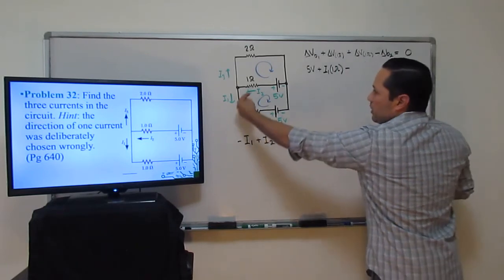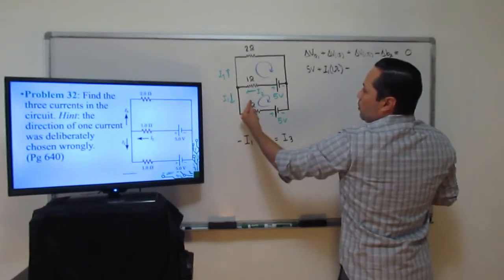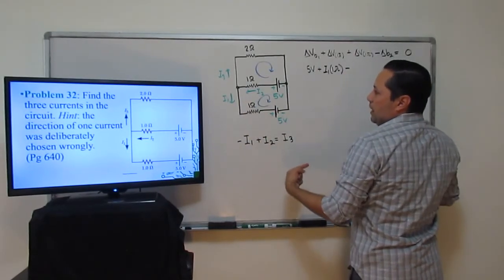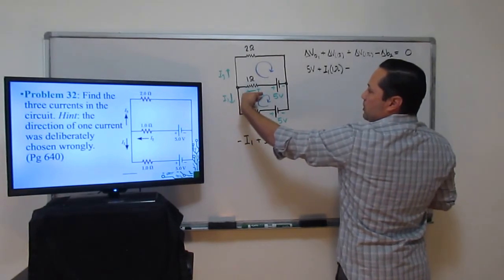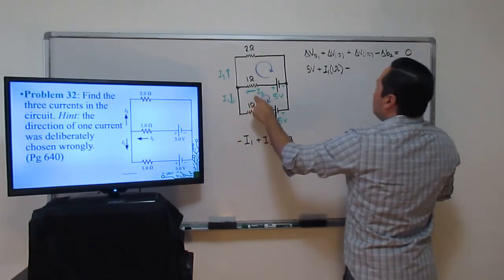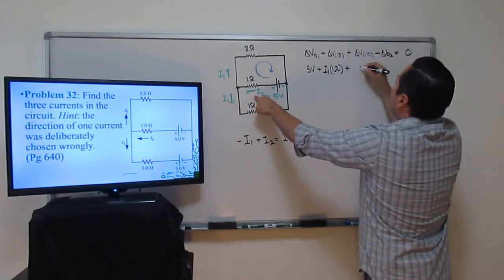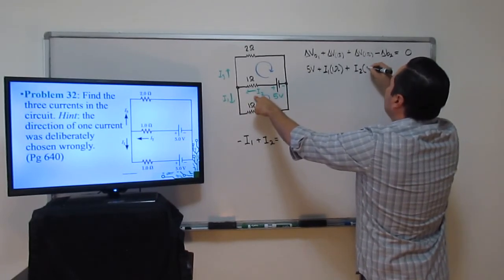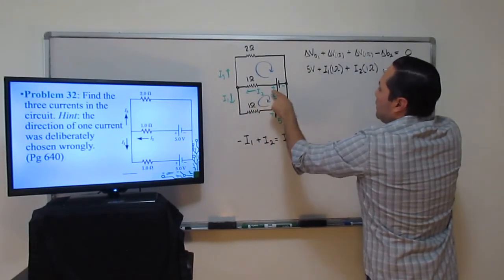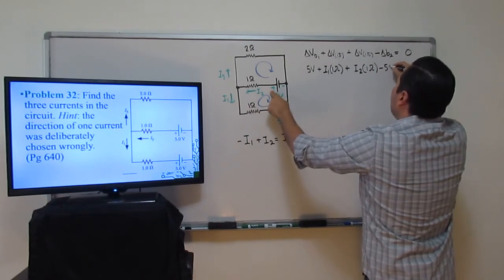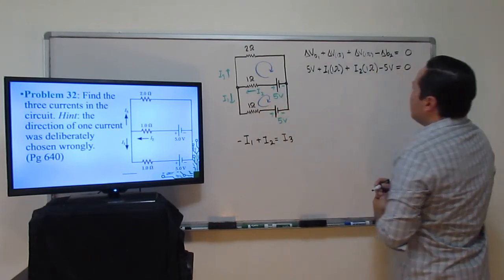And for this next one, we're also going with the current again. So that's also going to be positive, and that's going to be I2 times 1 ohm, and then this one is going to be negative 5 volts, and that equals 0.